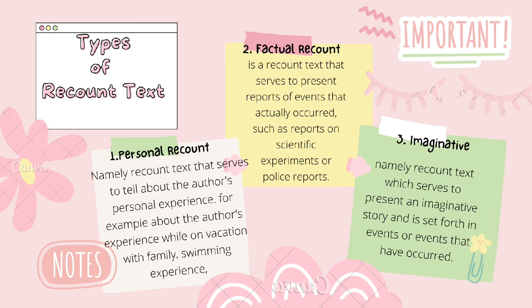The second, factual recount, is a recount text that serves to present reports of events that actually occurred, such as a report on scientific experiments or a police report. And the third is imaginative recount text, which serves to present an imaginative story set in events that have occurred.